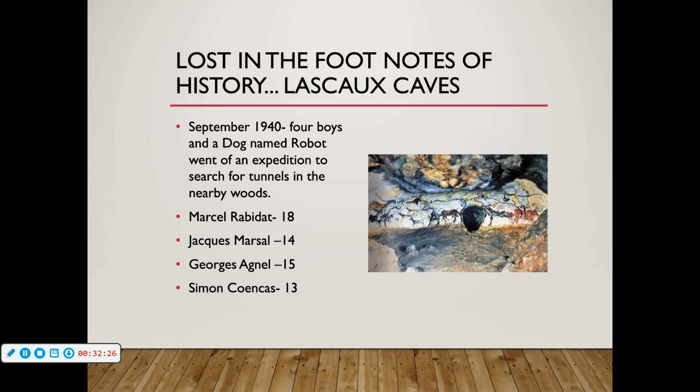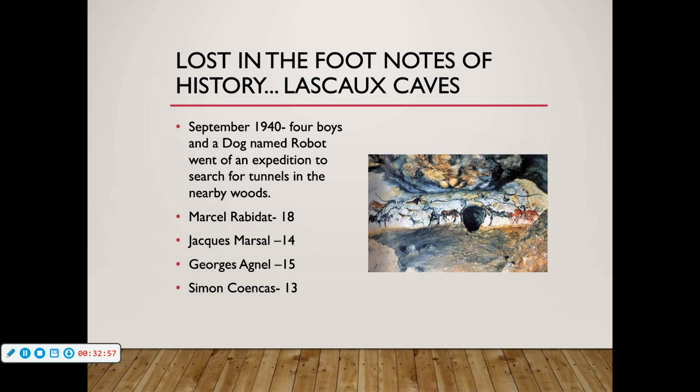Simon was actually a Jewish refugee from Paris who had been sent out to the countryside by his parents during the German occupation of Paris during World War II. So his life was in danger during this time. But he has a moment of time to meet these local boys. They take him under their wing and say, hey, let's go explore the woods.